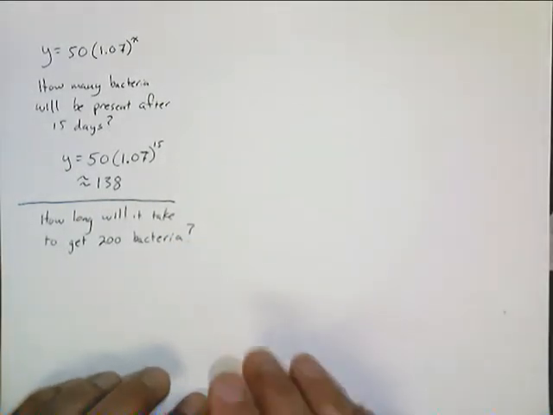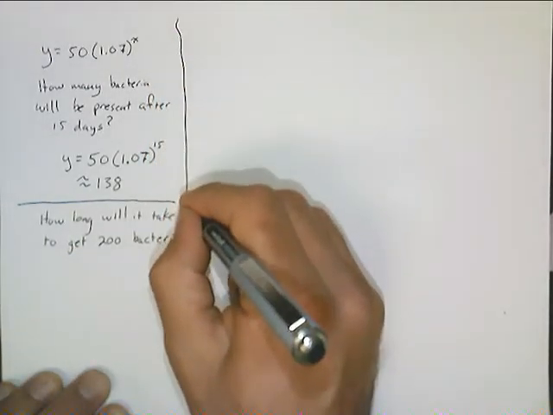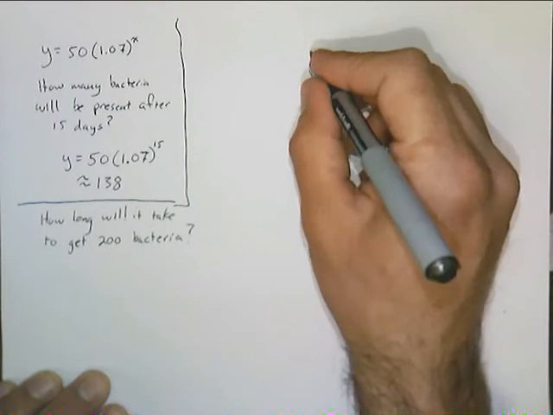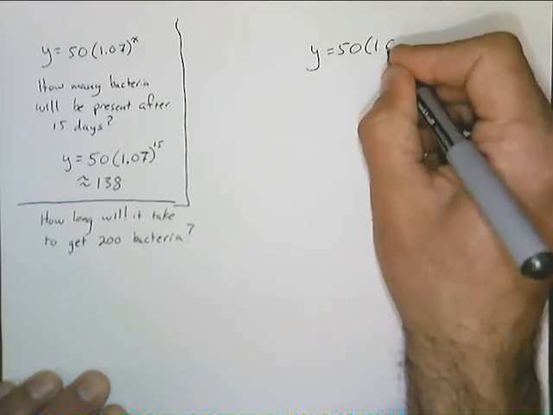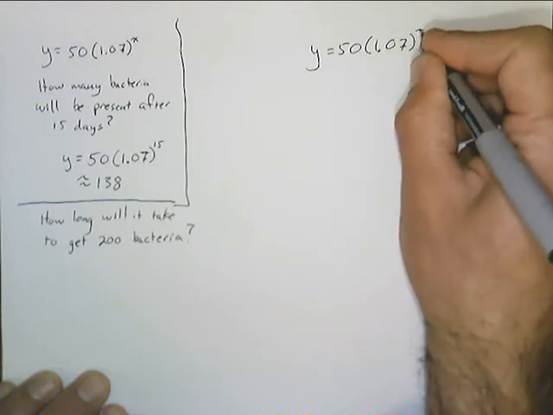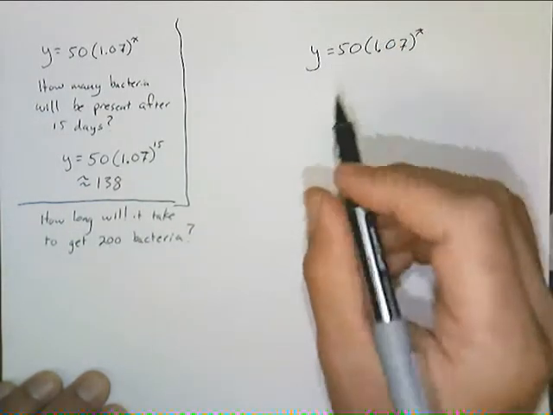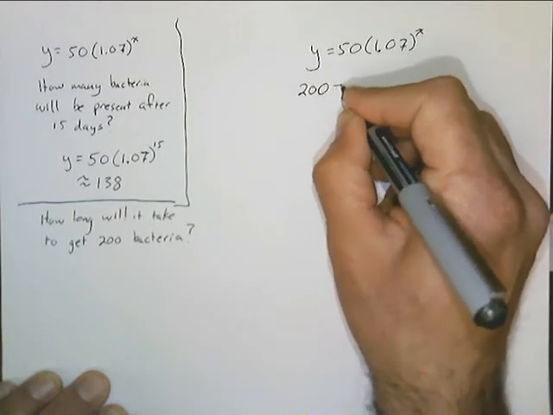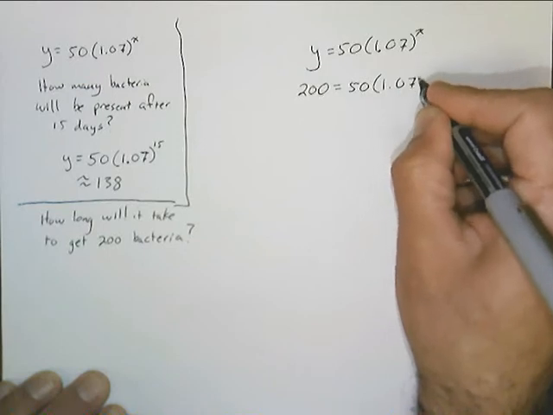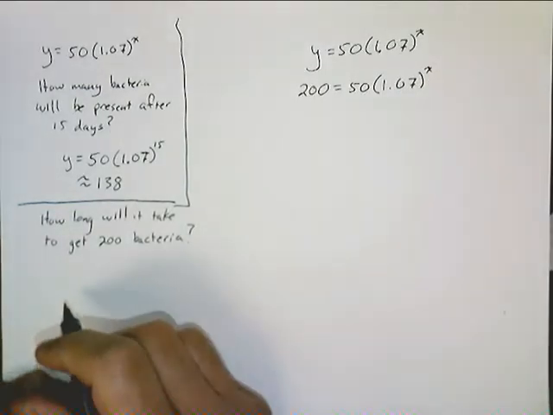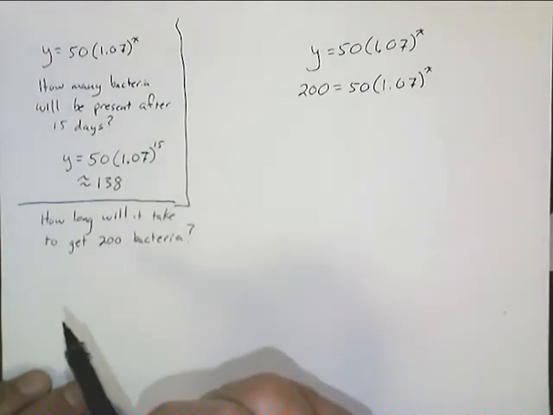So what we can do here, starting with our model again, y is equal to 50 times 1.07 to the power of x. Now we want to know when the y is going to be 200. And we need to know what the x is, how many days. Essentially what we're trying to do is we need to solve this equation for x.